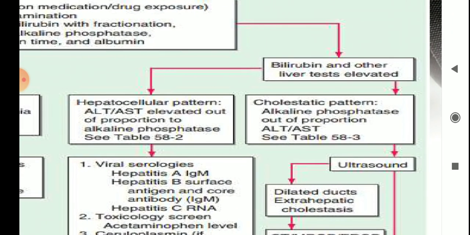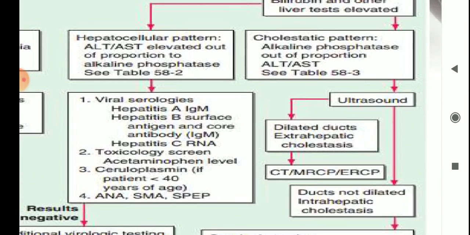then the hepatocellular patterns, then the cholestatic patterns, where the alkaline phosphatase levels increase beyond the normal ranges. Viral hepatitis A, B, C: do an immunoassay for the antigen or the antibodies. Then toxicology screening, drug screenings.